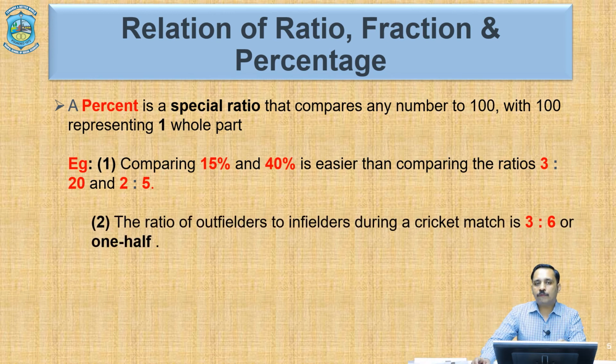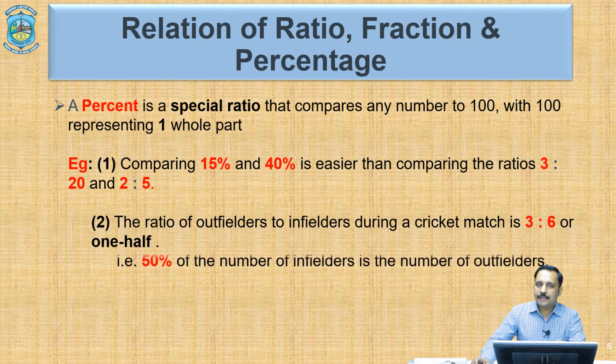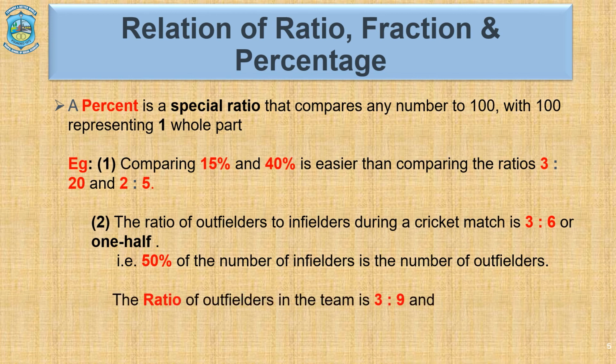The ratio of outfielders to infielders during a cricket match is 3:6 or which is 1/2. That is 50% of the number of infielders is equal to the number of outfielders. Here we say that the ratio of outfielders in the team is 3:9 and the percent of outfielders in the team is 33 1/3%. Later on we will see how we come to this percentage value.